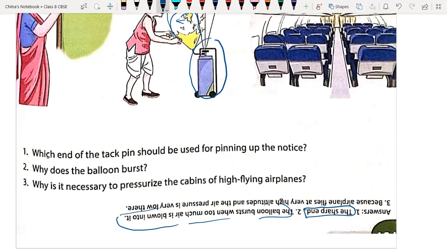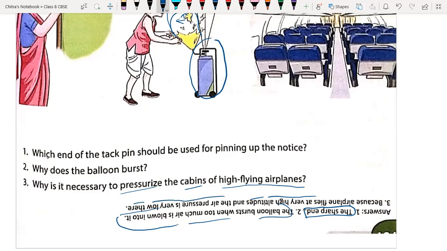Fourth, why is it necessary to pressurize the cabin of a high flying airplane? Why has it been pressurized? Because an airplane flies at a very high altitude, far from the surface, and the air pressure is very low there.